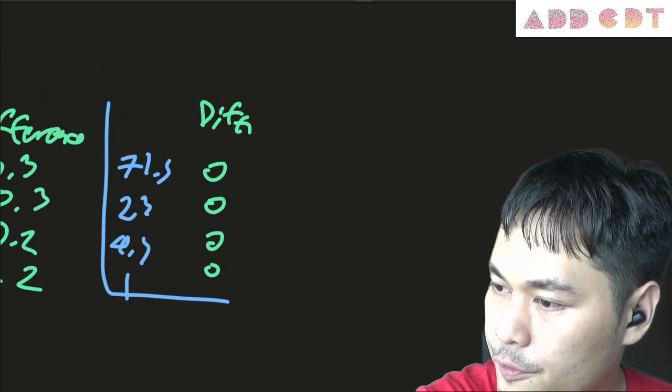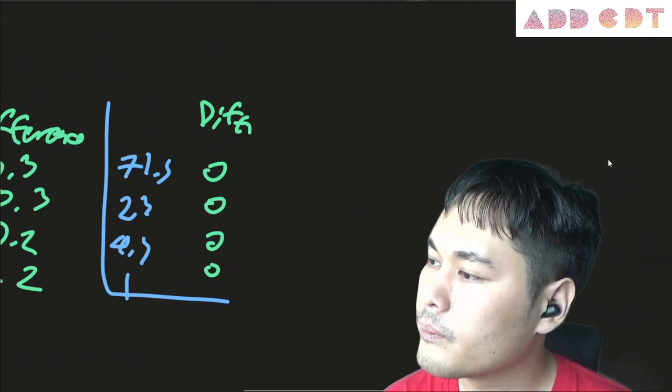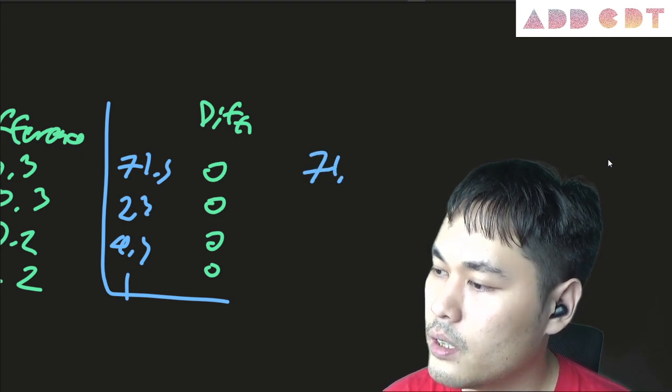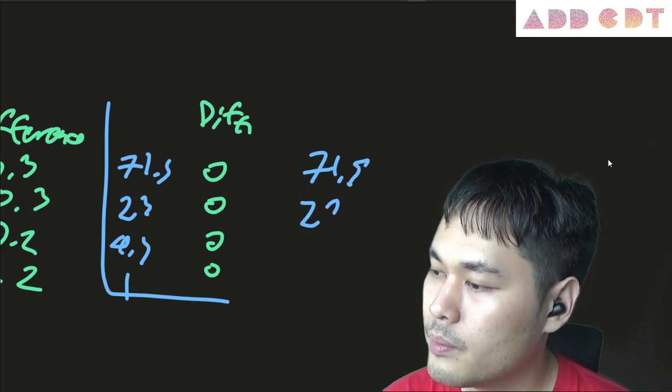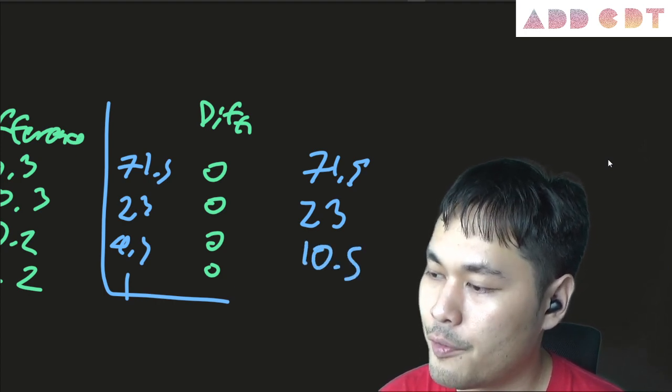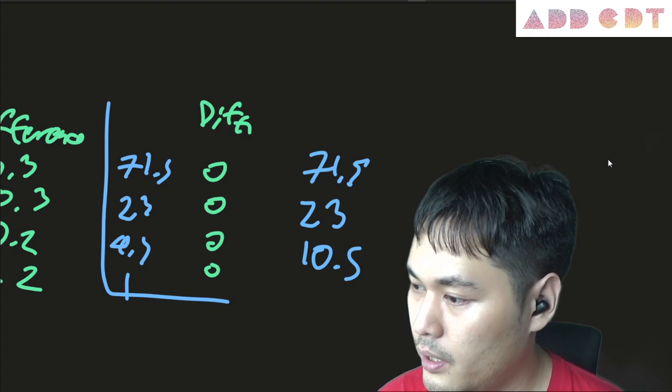So for example, if we happen to have, let's say, 71.5, 23, let's say 10.5. Oh no, that's not how it works.